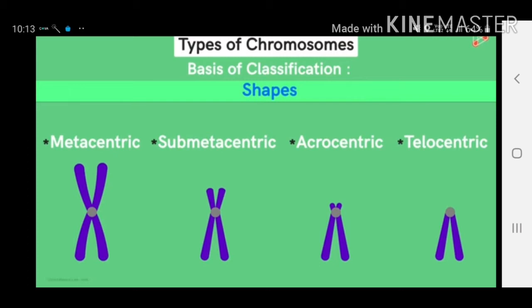In acrocentric, it is at the topmost end. In telocentric, only one sister chromatid is present, and the centromere is at the topmost end of the chromosome. So according to the position of the centromere, they are divided into 4 types.